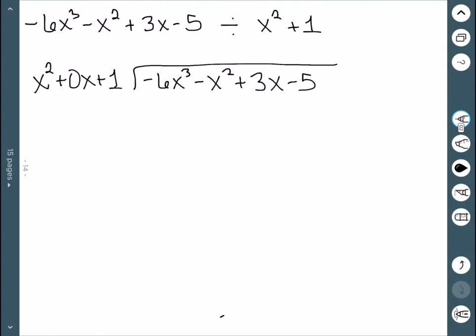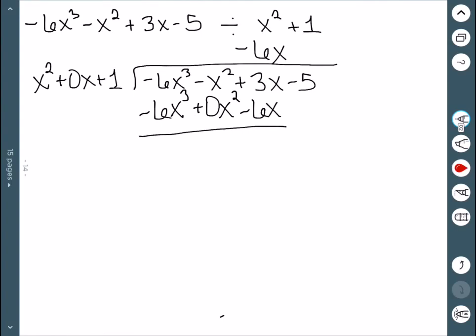Well, we would definitely need a negative 6 in there. And to get from x squared to x cubed, we would need to multiply by x. So negative 6x. Multiply down. Negative 6x times x squared is negative 6x cubed. Negative 6x times 0x would be 0x squared, and negative 6x times 1 is negative 6x.